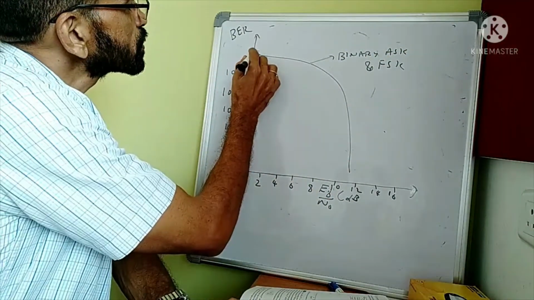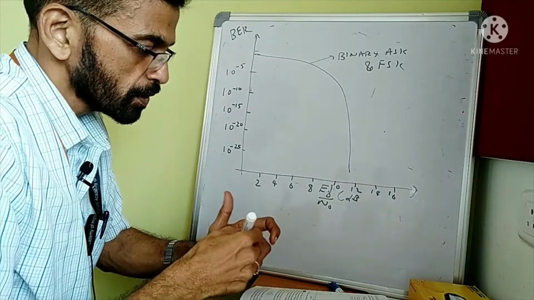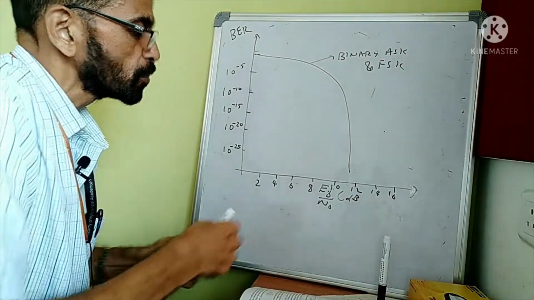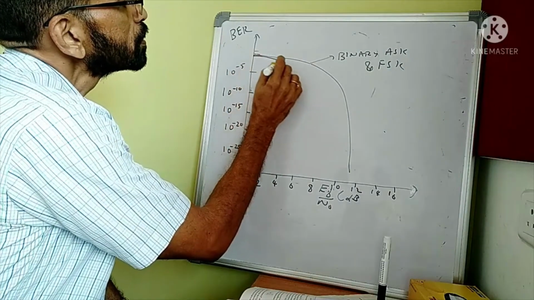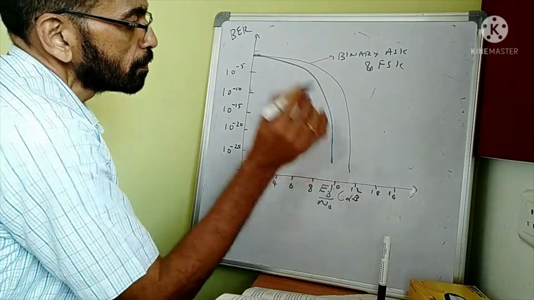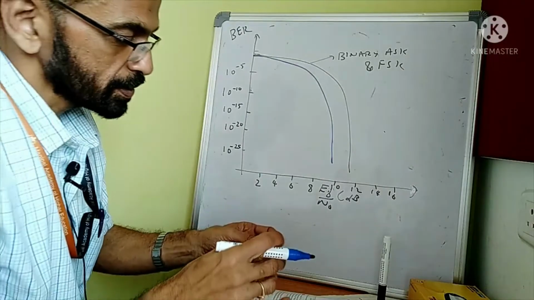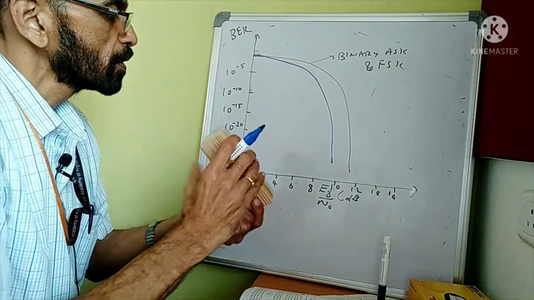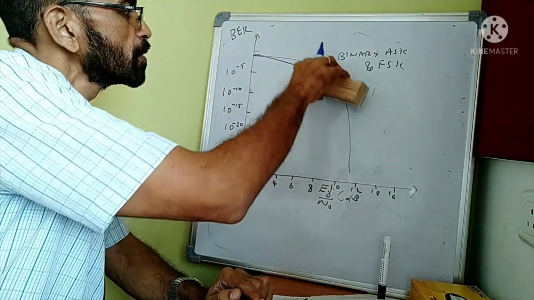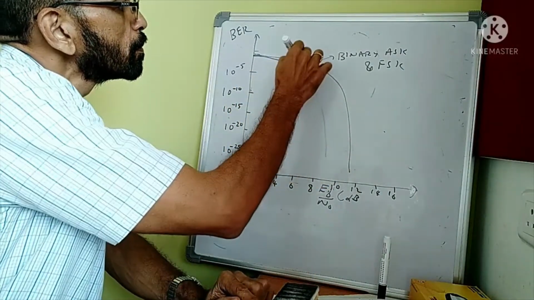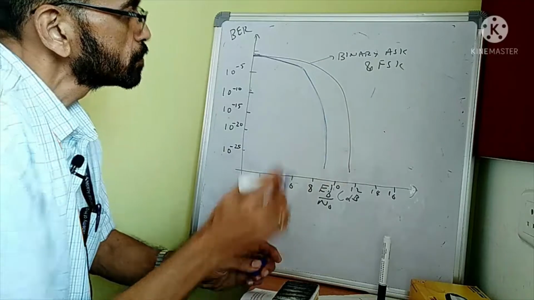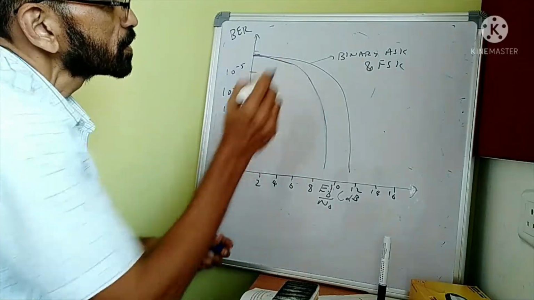And the binary PSK one, if I show, that would be somewhat like this. It will be smooth here.